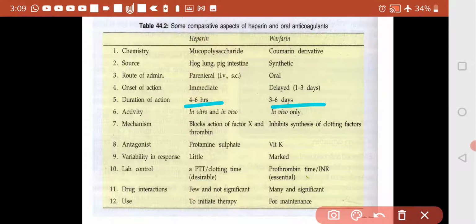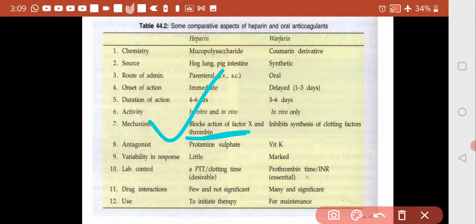Activity in vitro: heparin is useful in vitro, but warfarin is not. Why? Because factors 2, 7, 9, and 10 are already present in the blood, and warfarin cannot inhibit those present outside of the body. Mechanism of action: heparin binds with the antithrombin 3 complex and inhibits factor 10 and thrombin, so it is an indirect thrombin inhibitor.